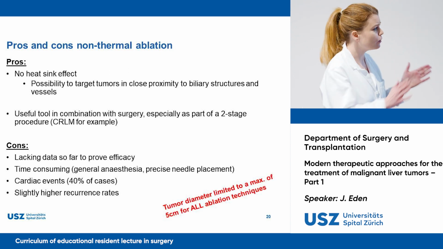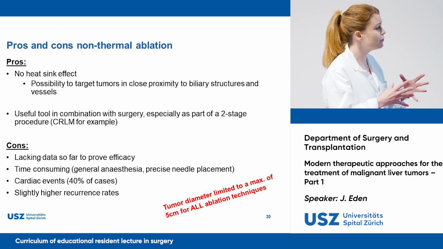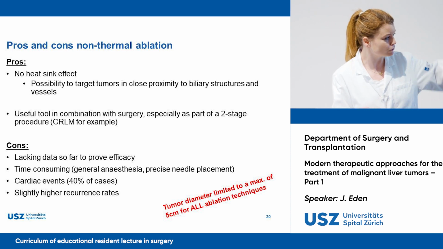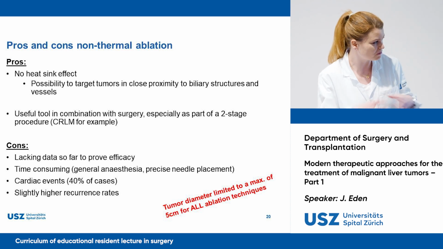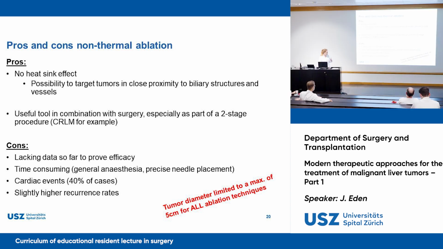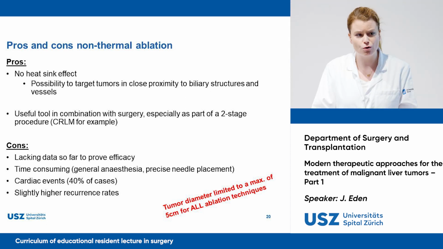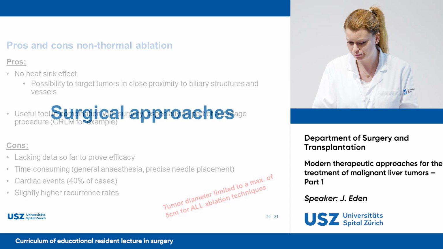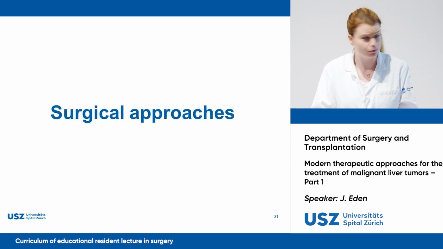And again, to sum it up, down below, it's not that large, but still, I do want to say that the tumor diameter is of importance because that one is limited to a maximum of 5 centimeters for all ablation techniques. And as we know, many of our patients have tumors that are much larger than those 5 centimeters. Now, surgical approaches.